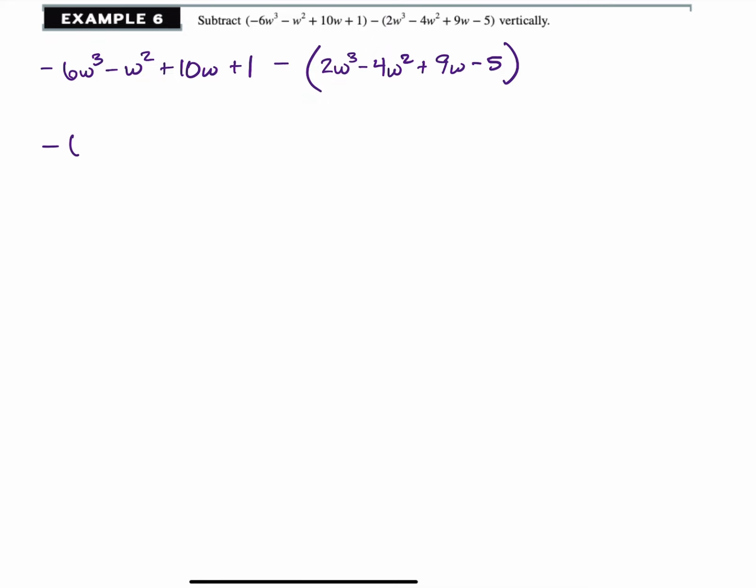First one will stay the same, minus 6w cubed minus w squared plus 10w plus 1. So this will give us minus 2w cubed plus 4w squared minus 9w plus 5. All the signs will change. Now we can add this together like in our previous examples.